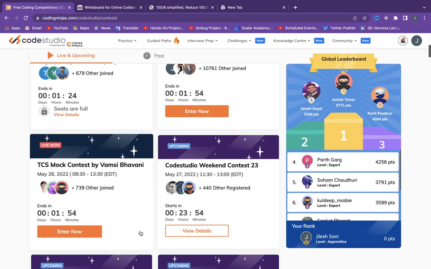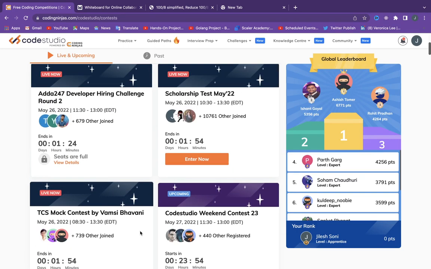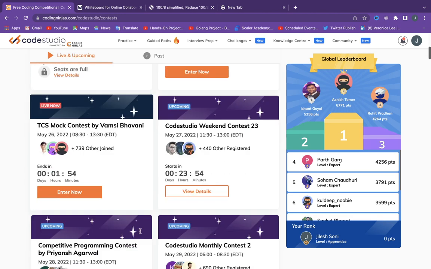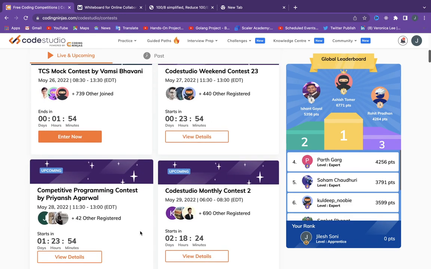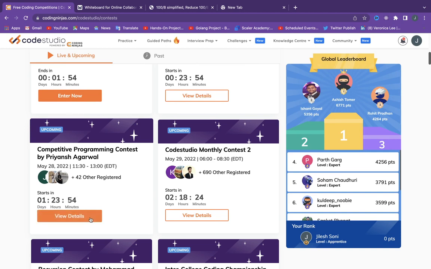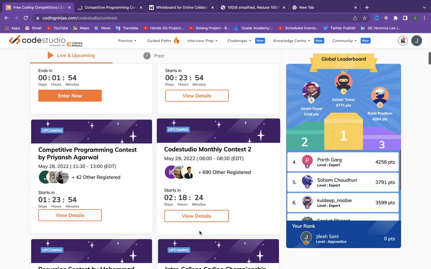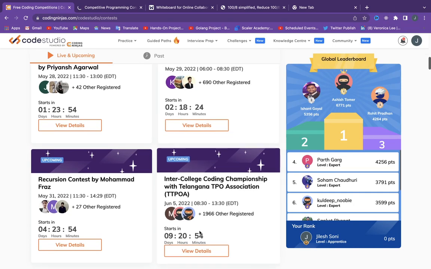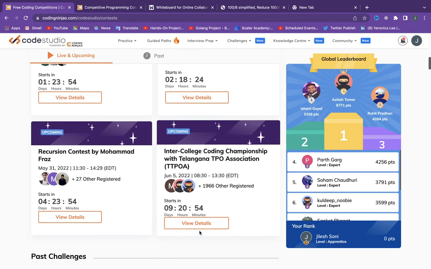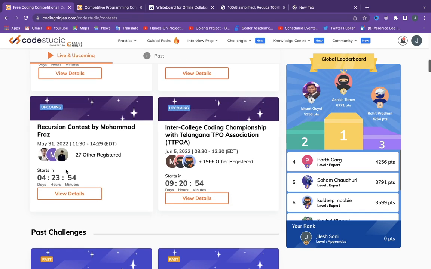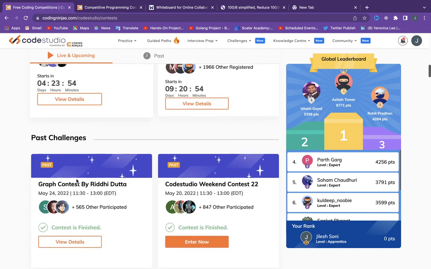TCS mock test. What is ADDA 247 developer hiring challenge? Competitive programming contest by Priyansh Agarwal. Okay, Co Studio Inter College Coding Championship. Mohammed Fraz starts in 4 days.